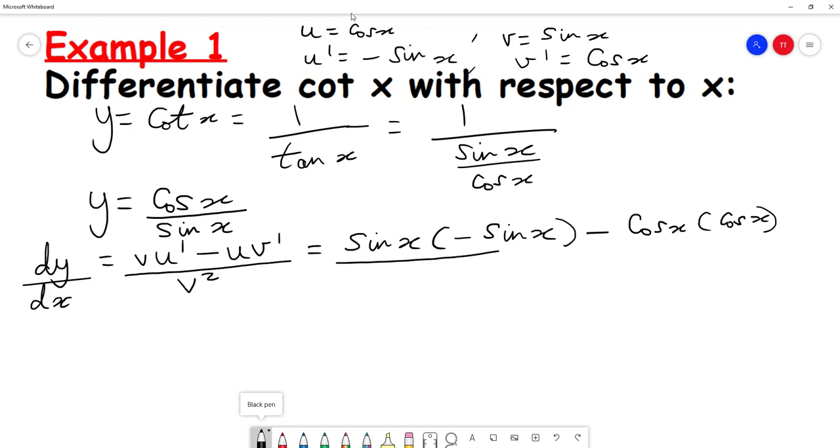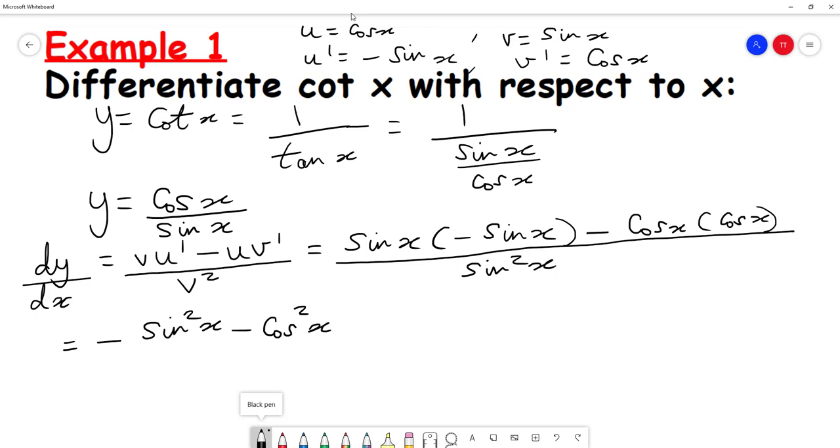This is all divided by v squared. Now v in our case is sine x, so it's going to be sine squared x. So we could get the following: minus sine squared x minus cosine squared x all divided by sine squared x.